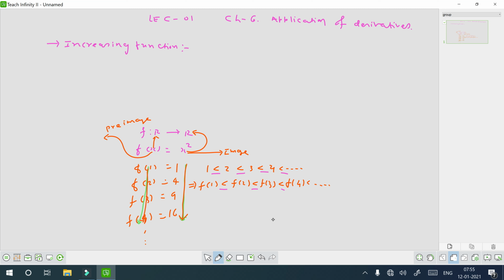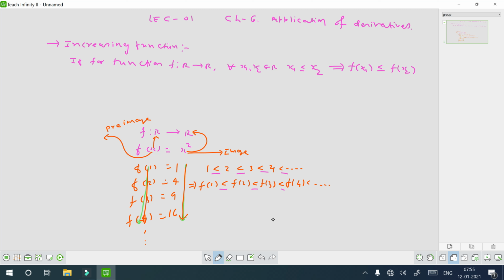Let us define. If for function f from R to R, for all x1, x2 belongs to R, x1 less than or equal to x2 implies f x1 less than or equal to f x2, then that function is known as increasing function.